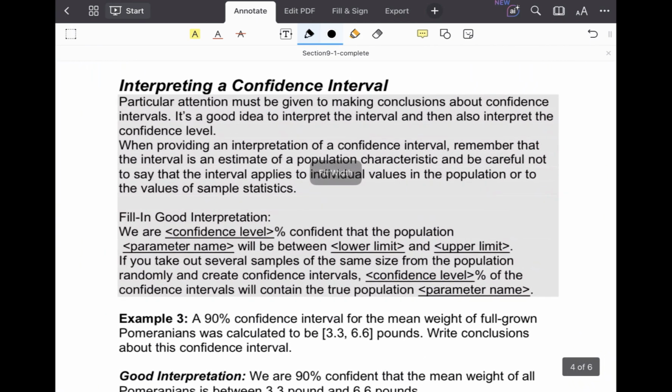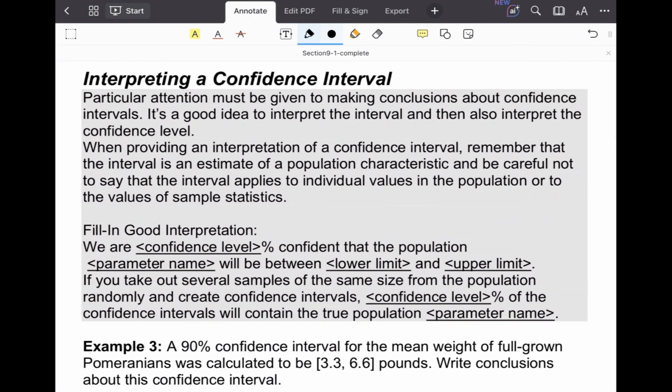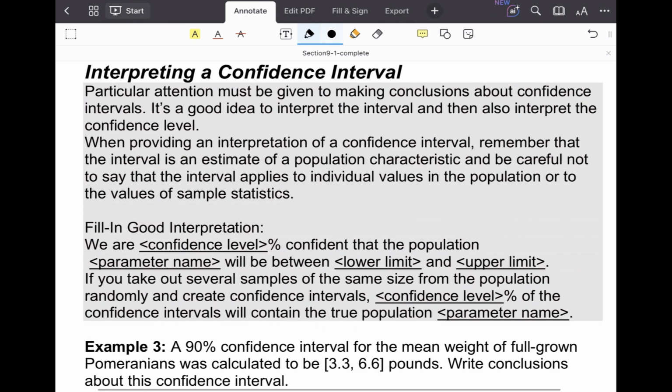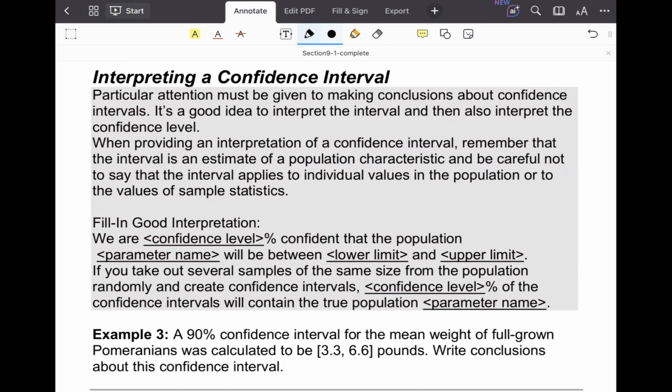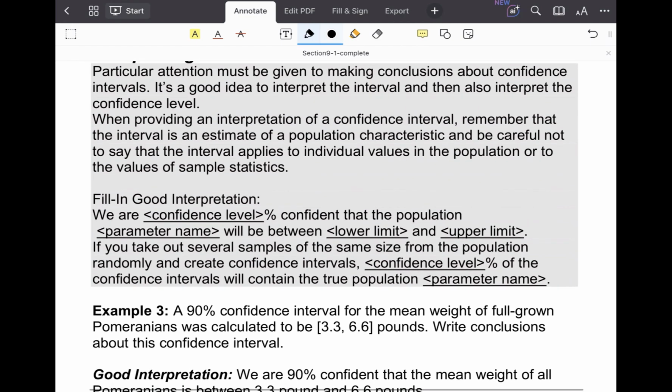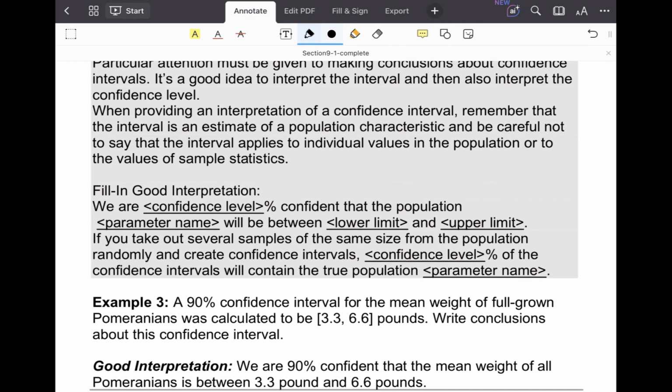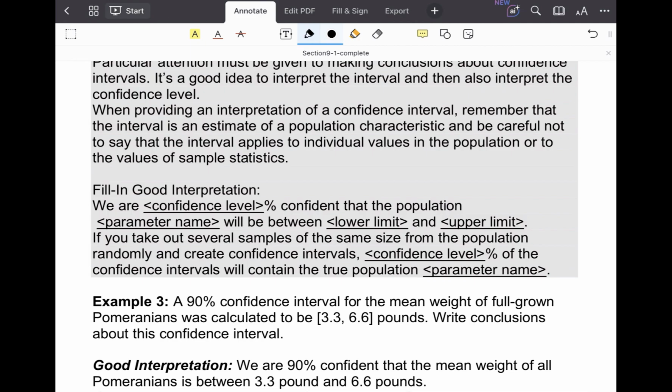Okay, so I talked about interpreting the confidence interval. So I just wanted to more clearly define how to interpret. It's very easy to misinterpret a confidence interval. So I put a fill-in interpretation here.